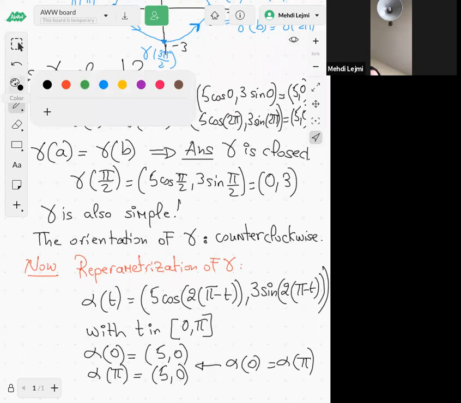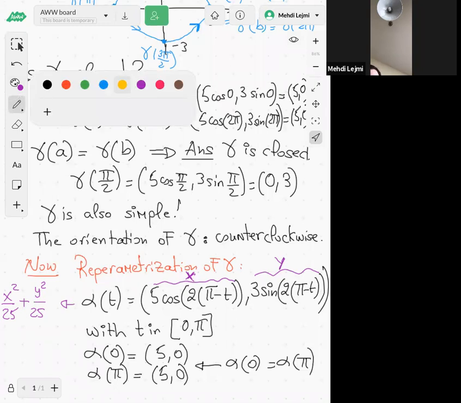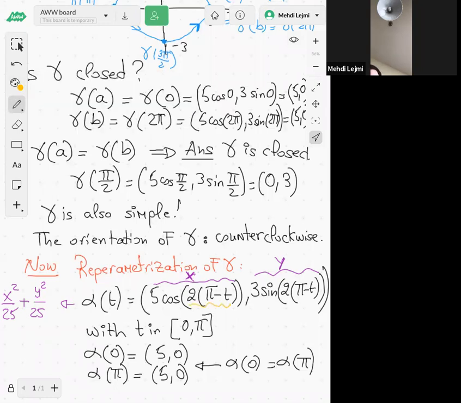The first component is your x coordinate, and the second component is your y coordinate. If you do x squared over 25 plus y squared over 9, you see, guys, we have the same angle.